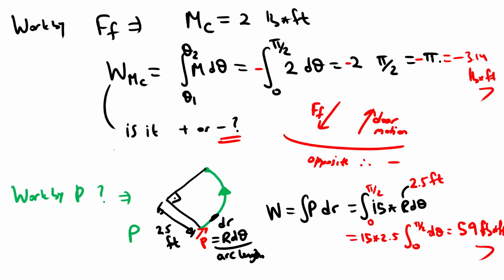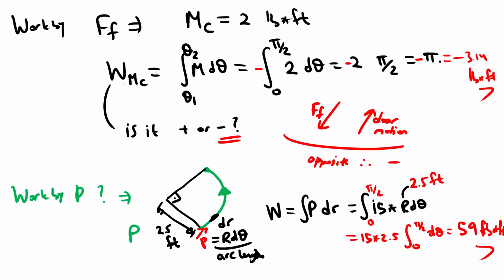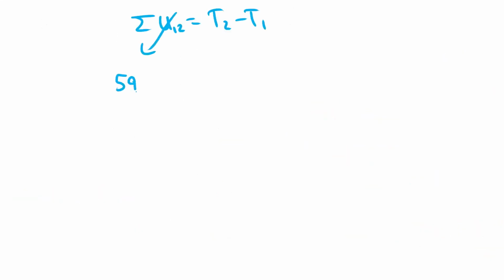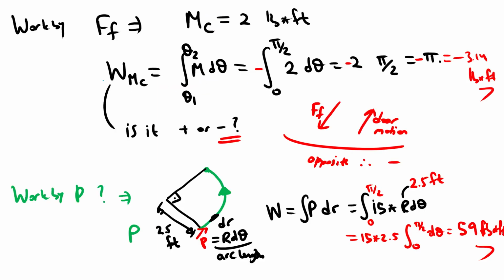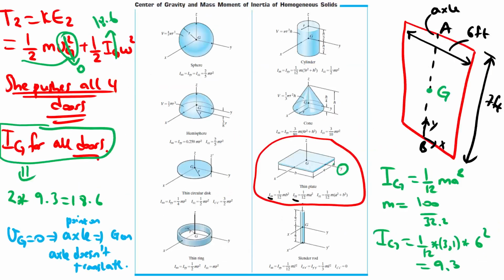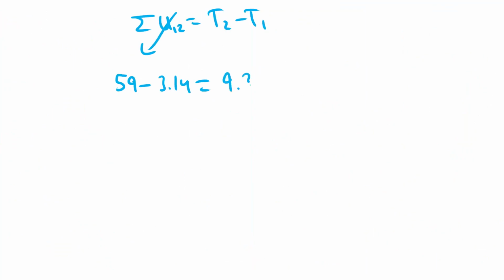Okay, and then let's summarize everything here together. So we had the work, T1, let me put it the other way around, which is better. So U12 was T2 minus T1. U12, we have found 159 minus 3.14, that is T2, which makes half into 18.6, that's 9.3 times omega squared, minus 0.